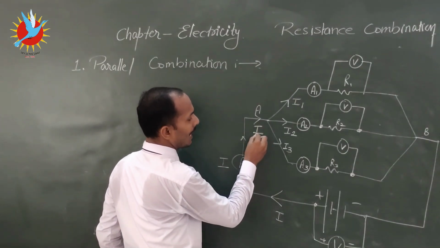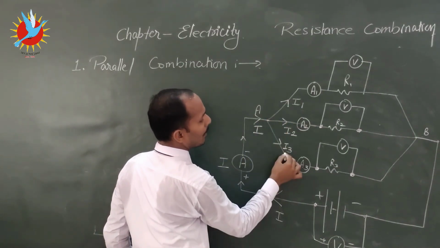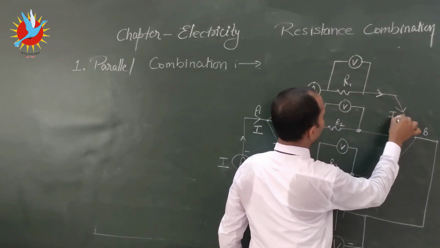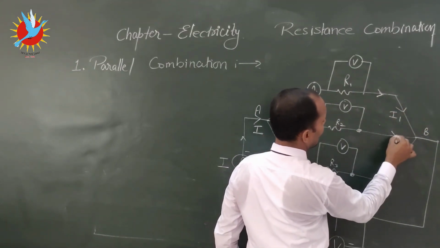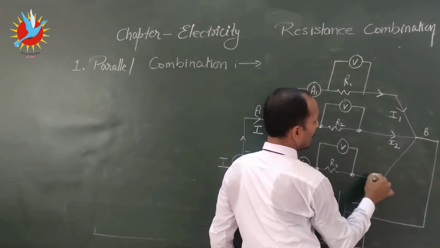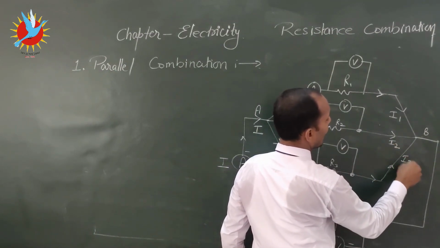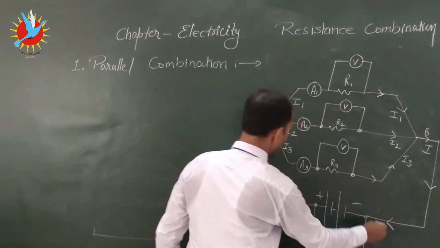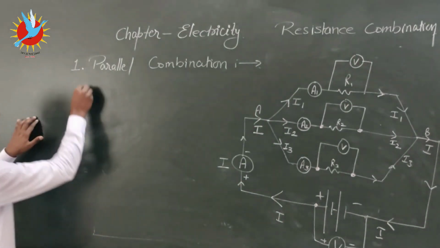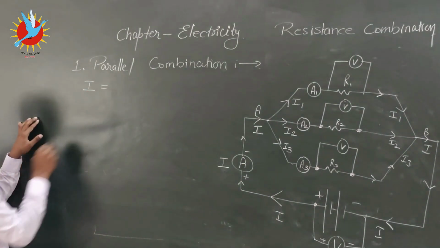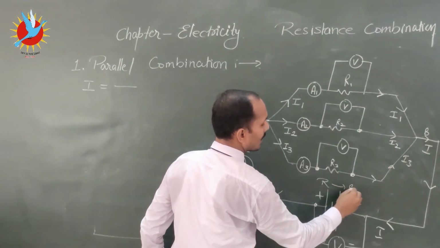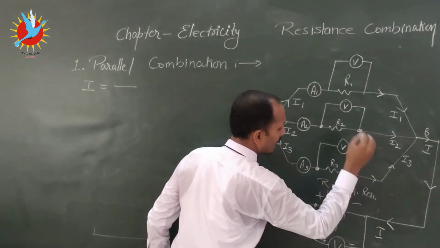Suppose this is current I, then this current is divided into these branches. Through this resistor the current is I1, through this resistor the current is I2, and through this resistor the current is I3. Again they combine and it becomes current I. So the circuit current is I. Suppose R is the equivalent resistance of the circuit.